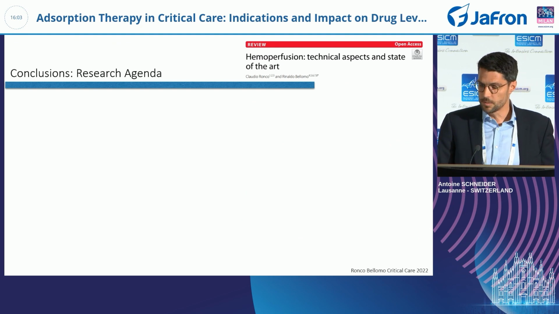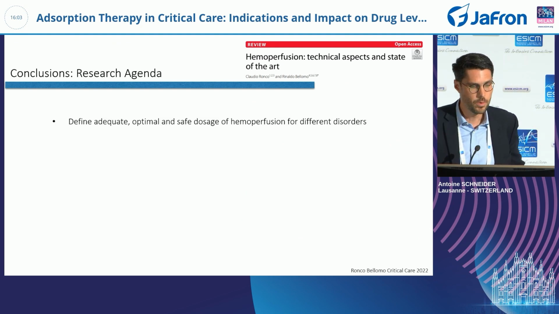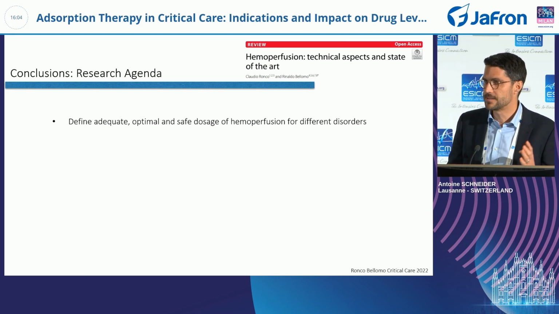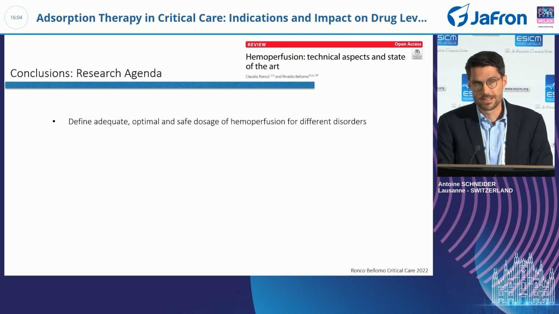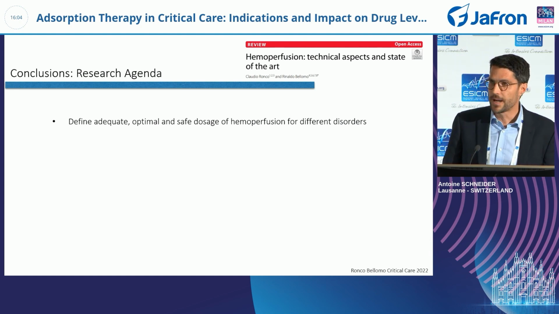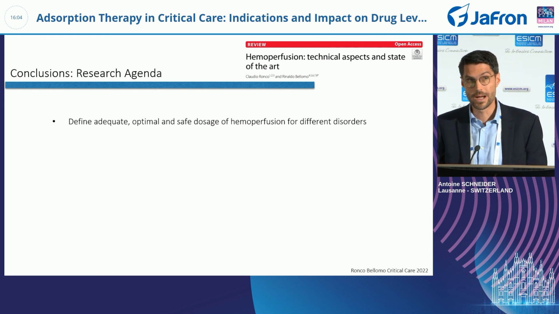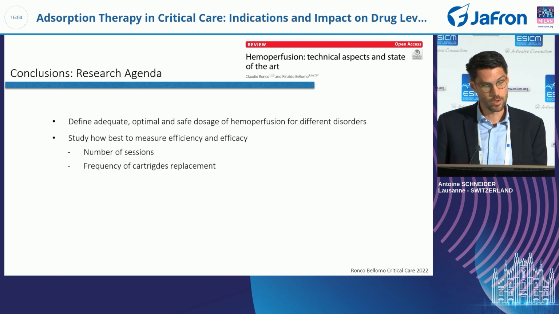So that brings me to my conclusion, and here I'm going to quote Claudio Ronco and Rinaldo Bellomo again. This is similar to what Louis just said: we need to know more, understand more. We need to define adequate, optimal, safe dosage of hemoperfusion for different disorders. One size might not fit all patients.